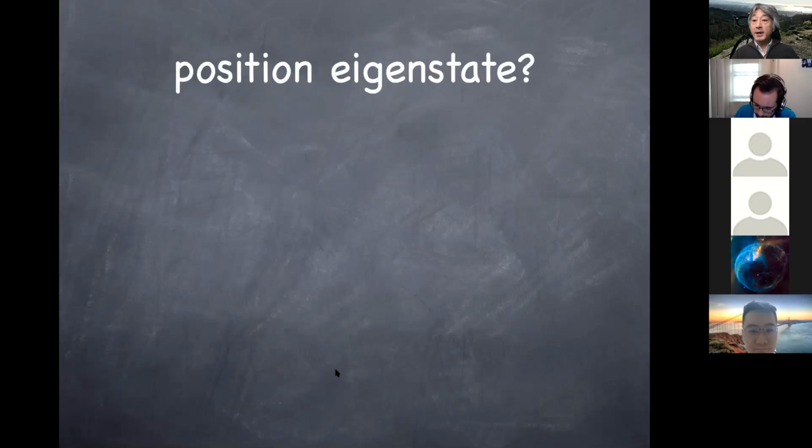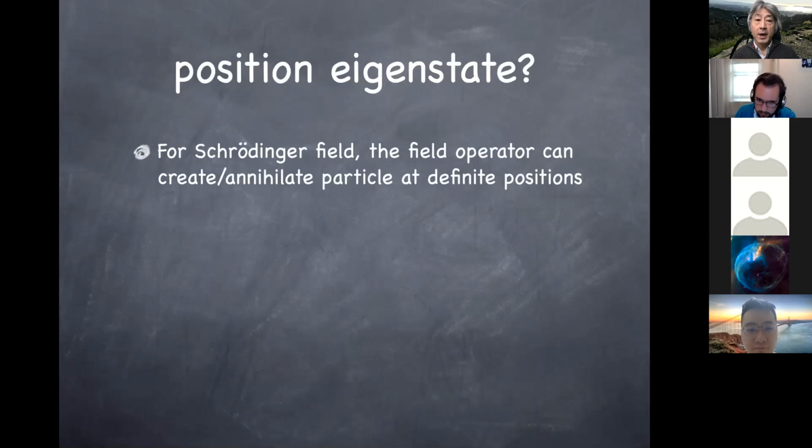Good. So here is now the beginning of the new subjects, which we didn't discuss on Wednesday. And I think this is the question Anna asked some time ago. In the case of the Schrödinger field, the field operator had this interpretation of a creation or annihilation operator of a particle at definite position.